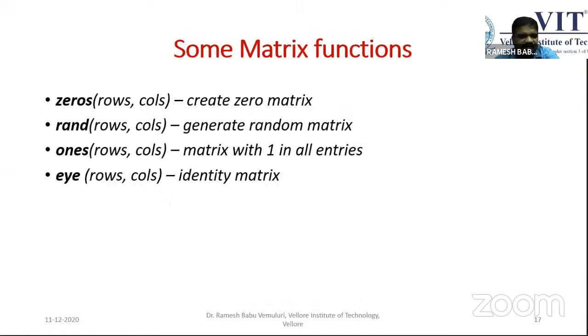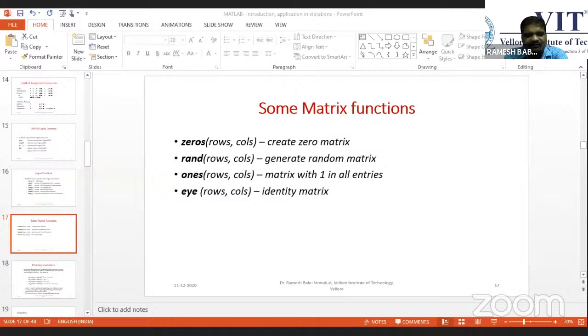You can check here. Zeros, that is a 2, 3. Then all the elements have become zeros. Then rand, it will generate the random numbers.